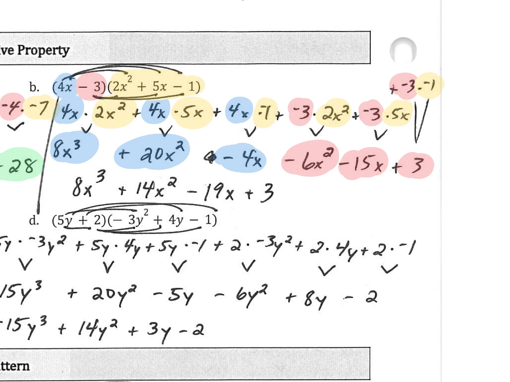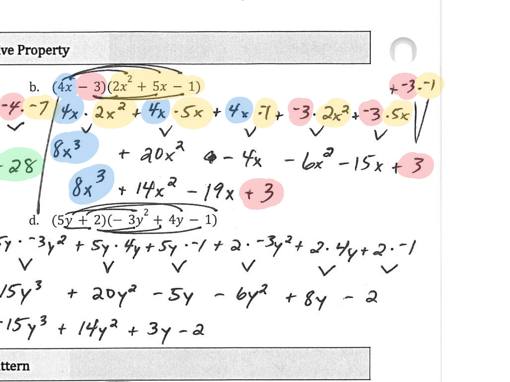Now the last step is to combine like terms. So let's erase some of these. I'm just going to erase the terms that I know we will need to combine. So 8x cubed does not have any other terms to combine with it because there's no other terms with an exponent of 3.